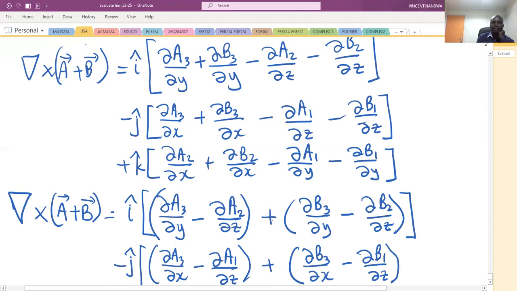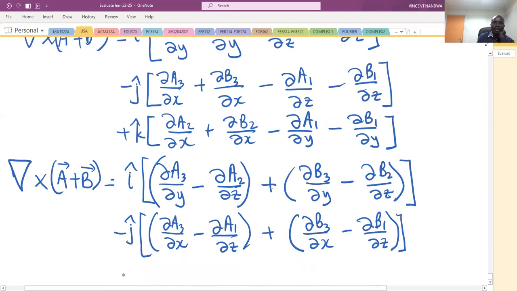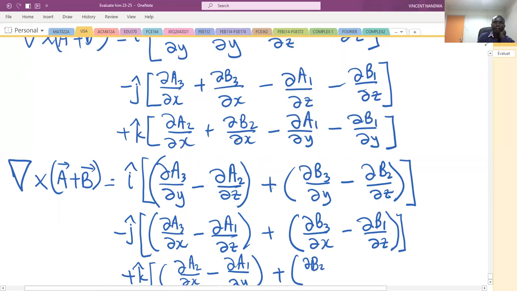Put brackets. And then plus k into partial A2 partial x minus partial A1 partial y plus partial B2 partial x minus partial B1 partial y, then close brackets.